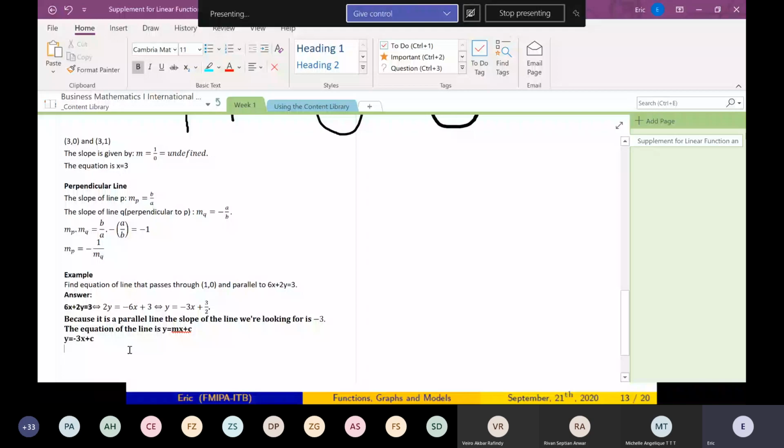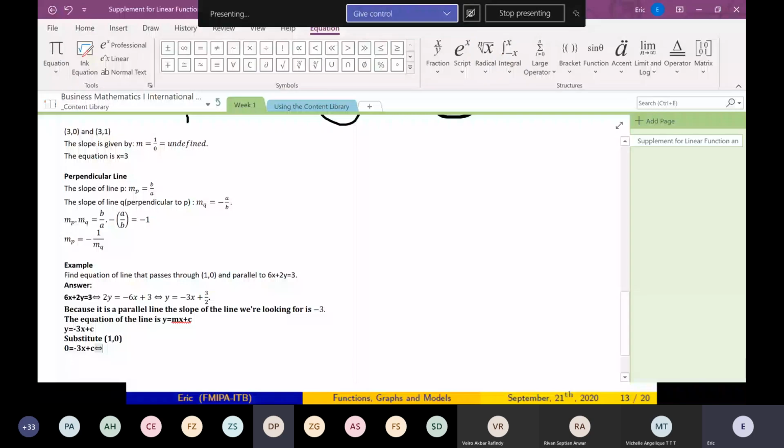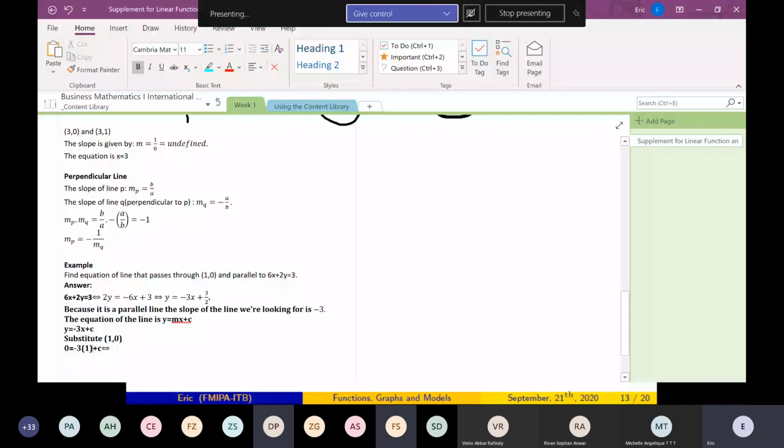Substitute 1, 0 into the equation. So you get 0 equals minus 3 times 1 plus C. Zero minus 3 times 1 is minus 3.